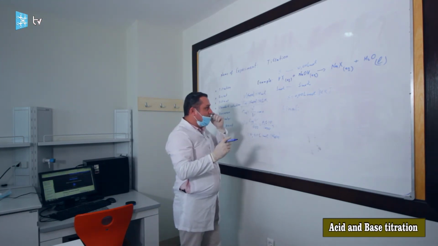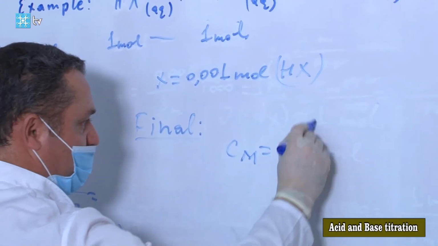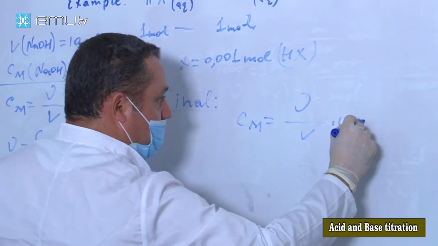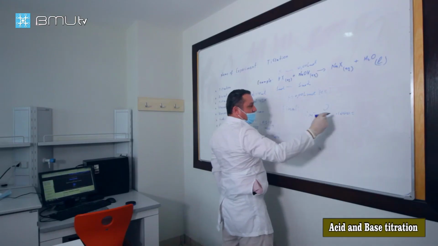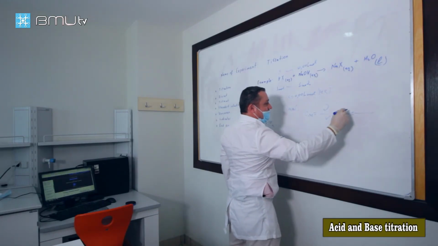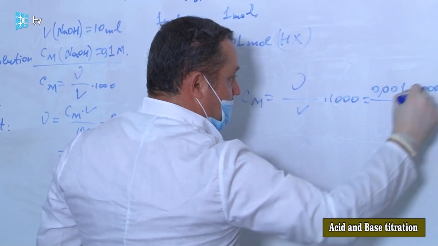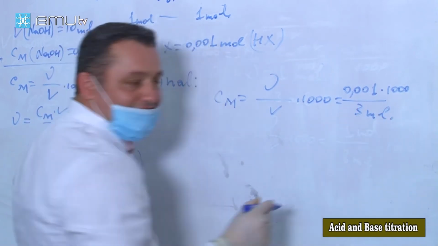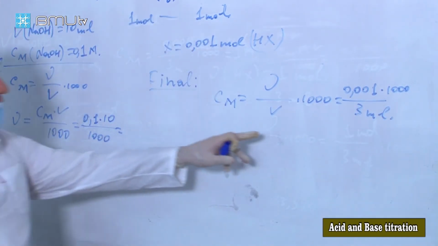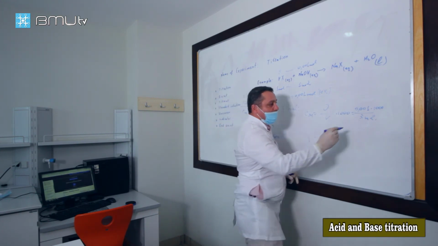In the final step, we should calculate the concentration of the unknown acid. That's why we need this equation. Our amount of moles of unknown acid equals how many? 0.01 times 1000 divided by 3 milliliters. As I mentioned, in our reaction we took 3 milliliters of unknown acid.